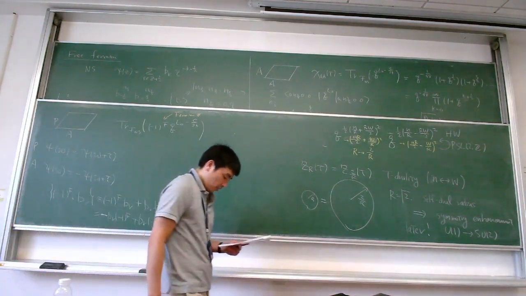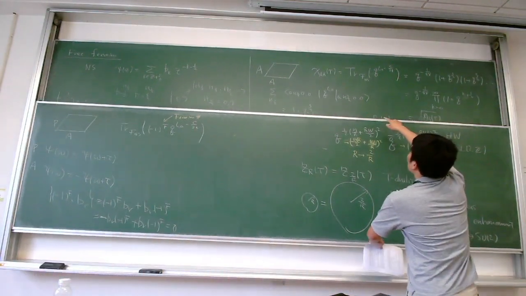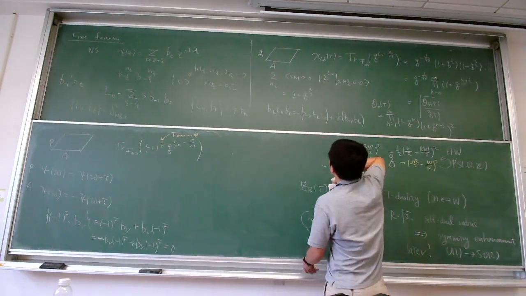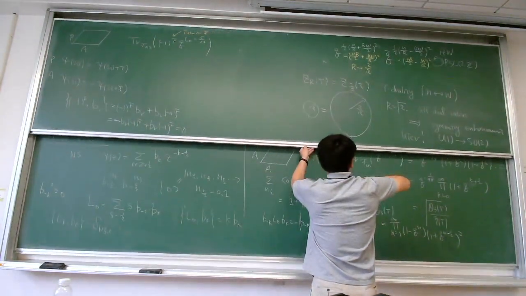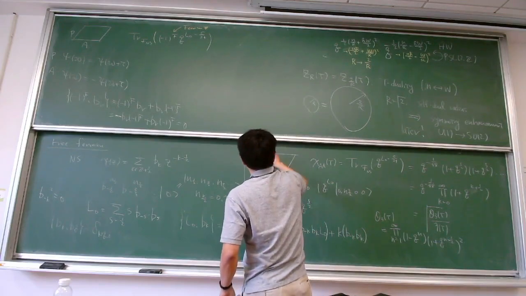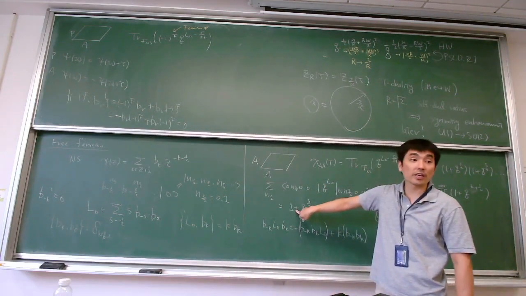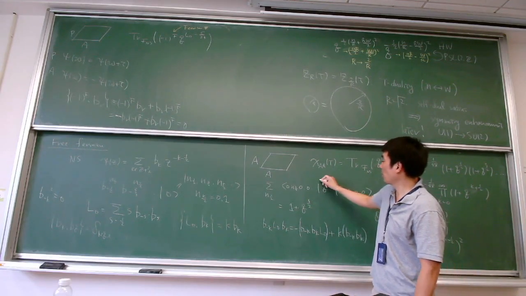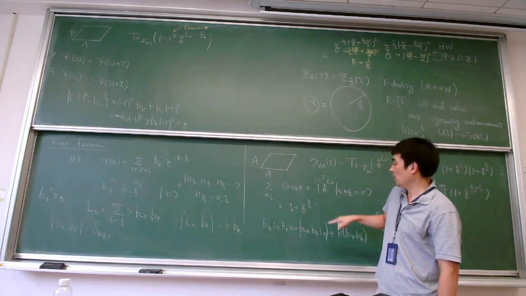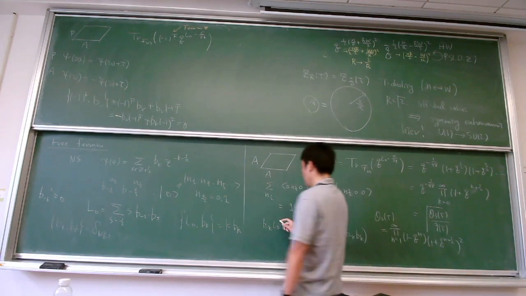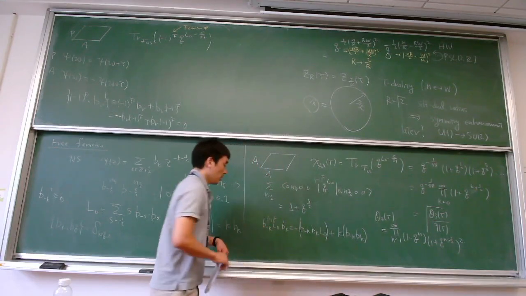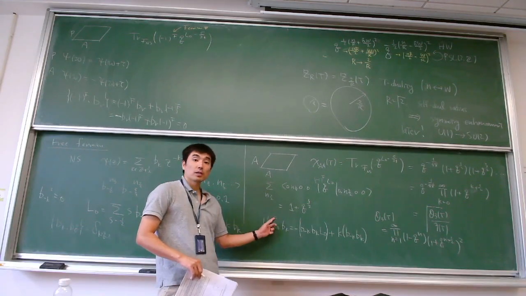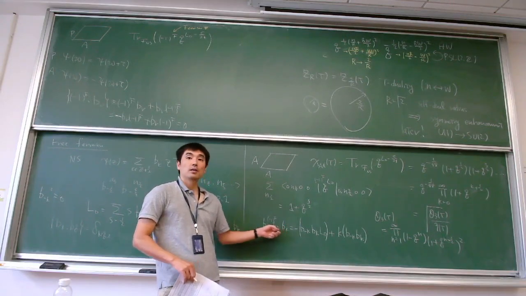So the computation is almost the same, but now we need to insert minus 1 to the F here, and sandwich it, so you need to commute b_k and minus 1 to the F. You get minus 1 if there is a fermion mode.